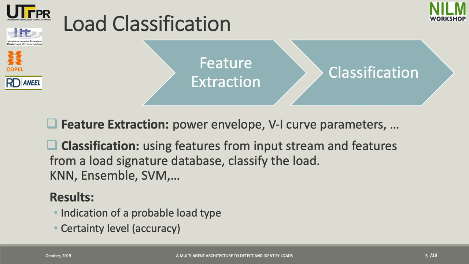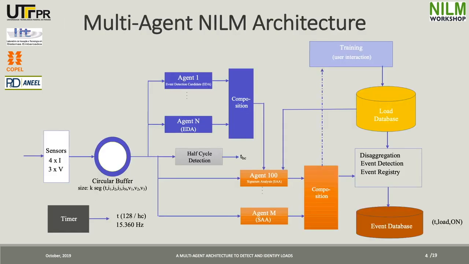As we put both sorts of agents into our architecture, we arrive at this diagram. Starting on the left, you can see first that we have sensors, 4 sensors for current, 3 sensors for voltage. They deposit samples in a circular buffer. We are using a sample rate of 15,360 Hertz.